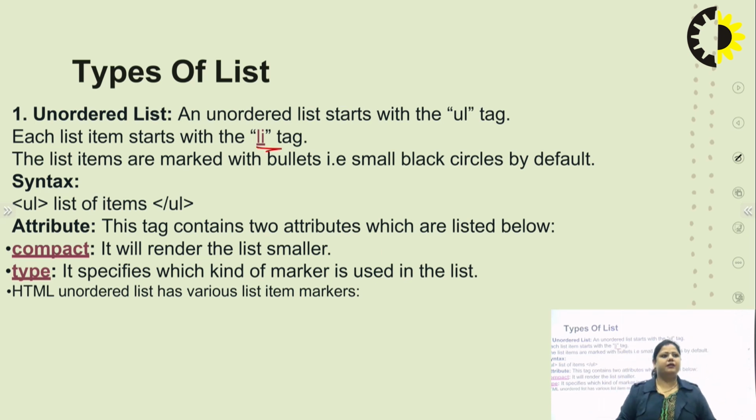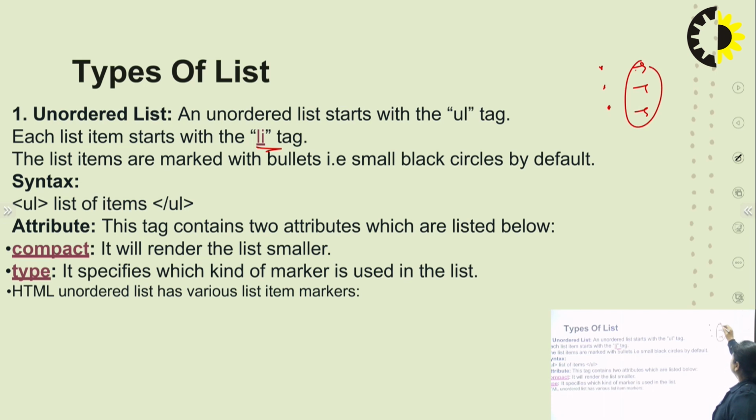The list items are marked with bullets, that is small black circles, or by default any kind of dot or mark. This is also part of an unordered list. This is basically the syntax of an unordered list. Whenever we need to define a list of items, we use this unordered list.